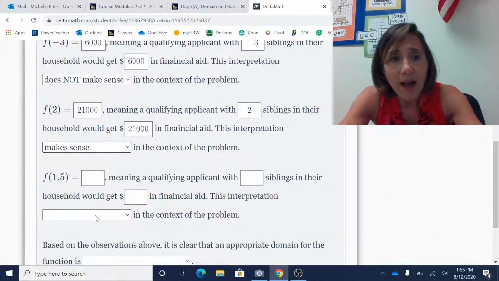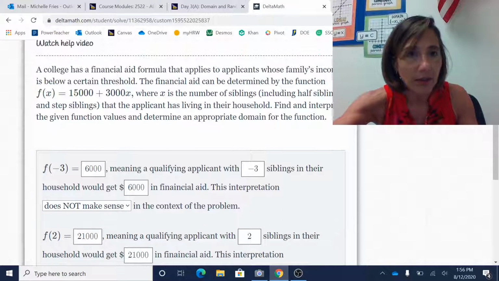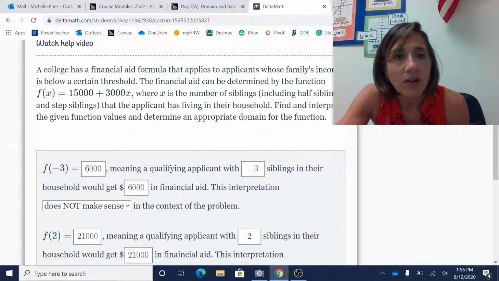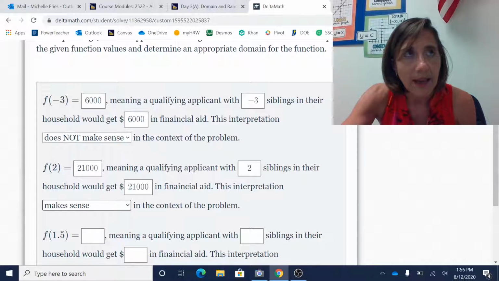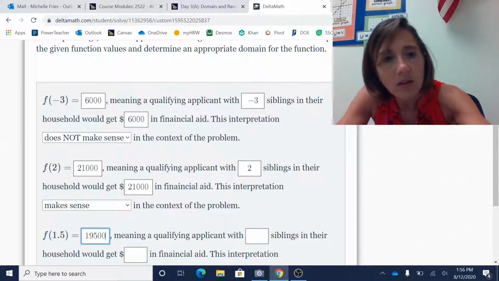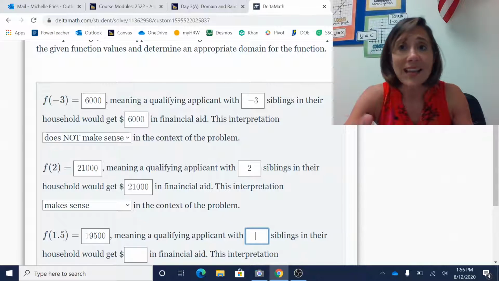F of 1.5, so I'm going to take a 1.5 and plug it in for my x value. So let's do that up here. 1.5 times 3,000 would be 4,500, and add that to the 15,000 means I would be at 19,500, I believe. So that number of siblings, that's your x value.